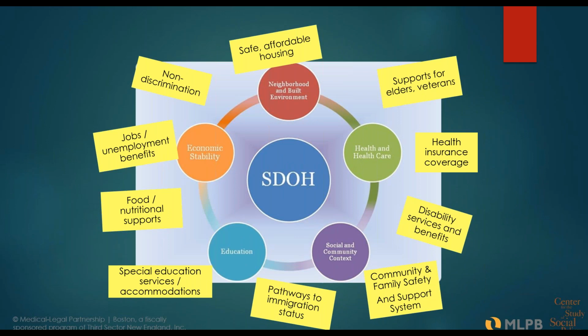So this graphic is an illustration really of what Baraka has explained so well, which is that in the center we have social determinants of health, which are in many buckets. And what we also have are some legal rights that are related to them.